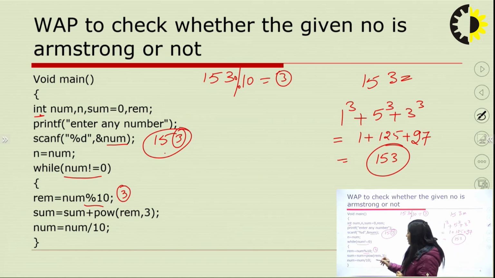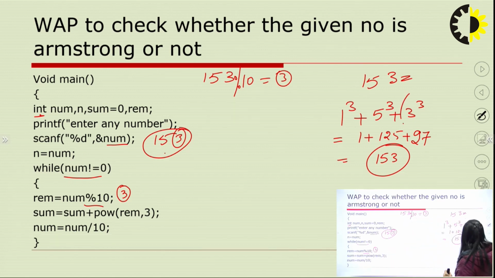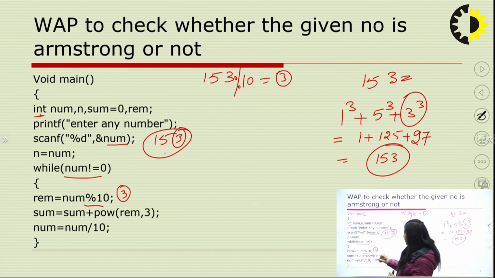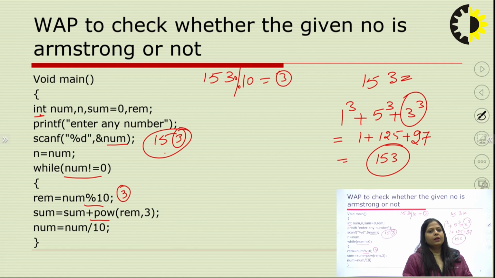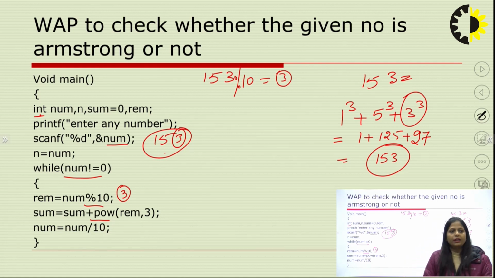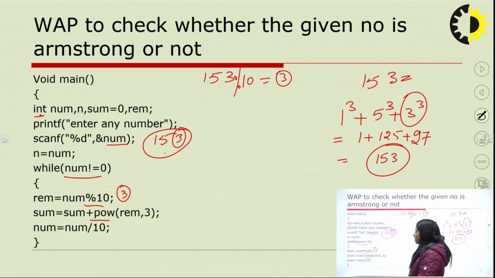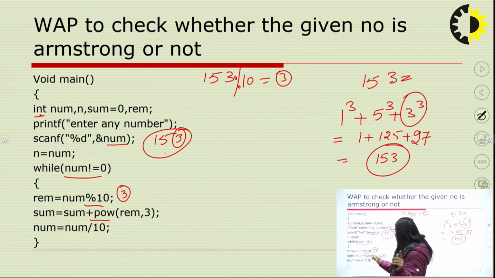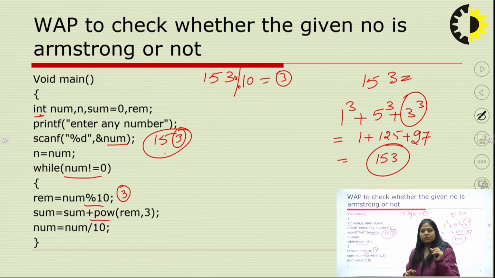Okay, now I need to find out the cube of this number. Fine. So, in the C programming language, we have a math.h header file, and in the math.h header file, we have a power function, that is pow, and in the power function, we need to specify the variable name for which we need to calculate the power, and comma, that power.